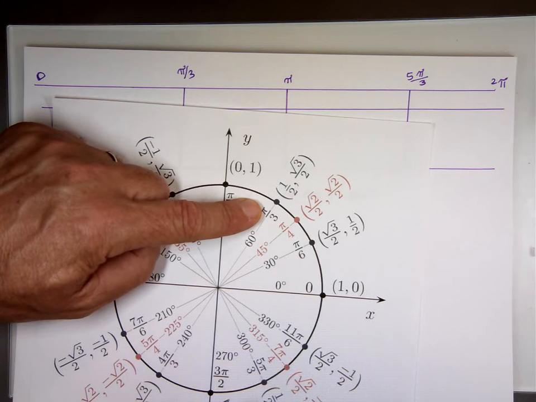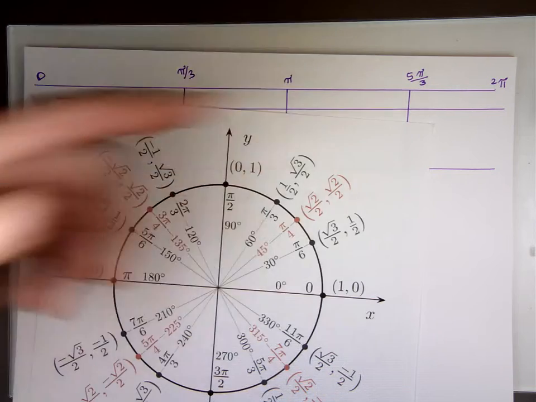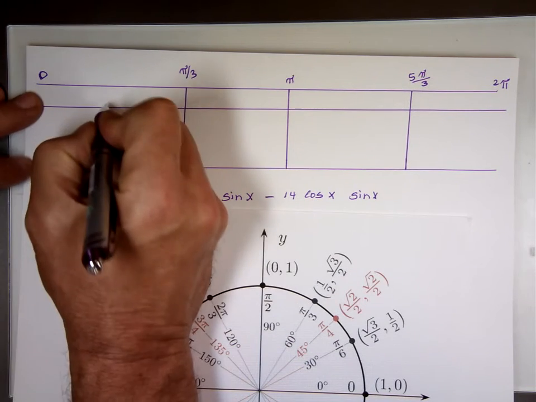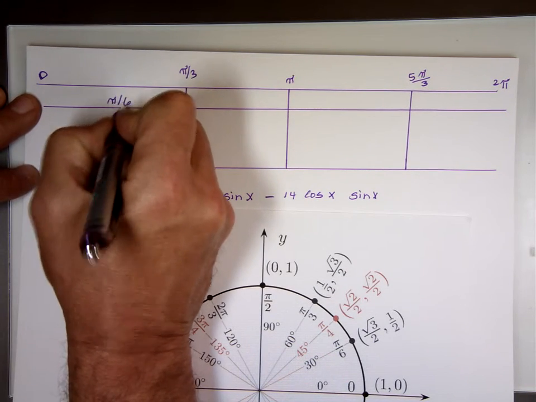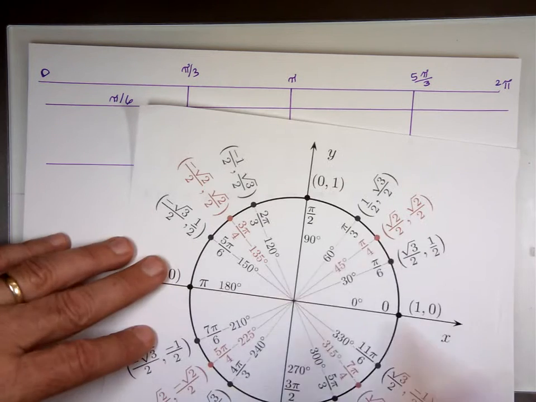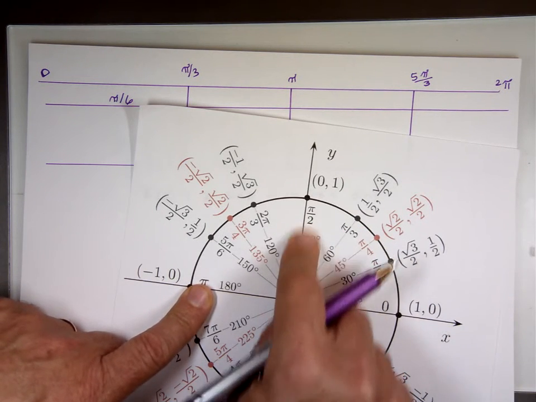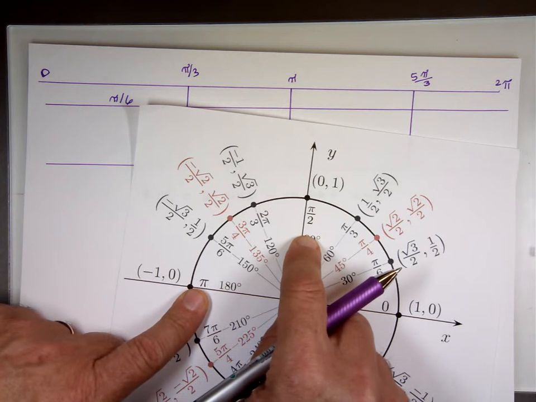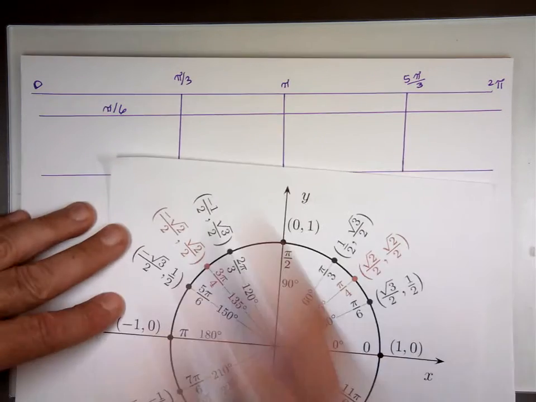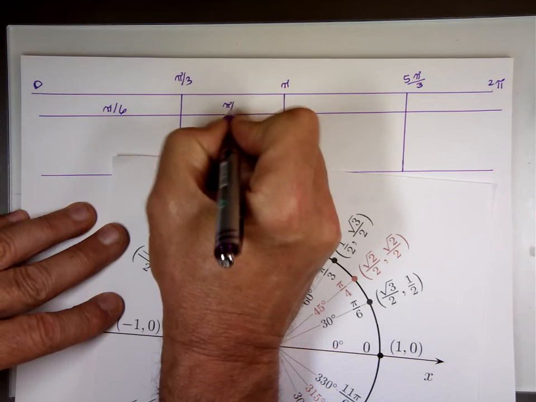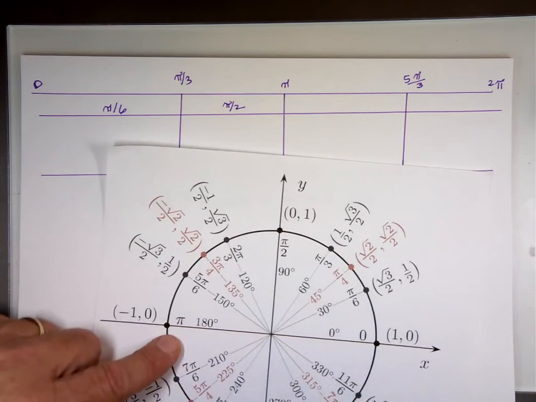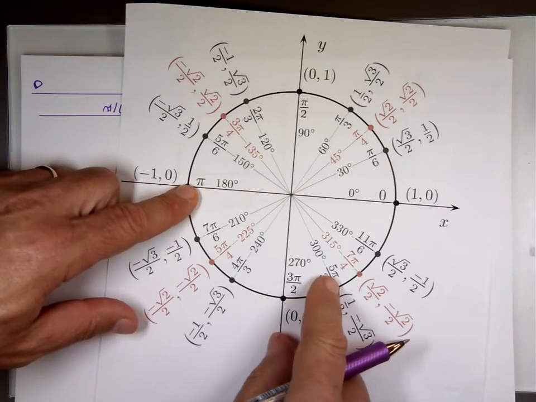So if I use pi over 6 for the test point here, between pi over 3 and pi, maybe I'll use pi over 2. See that? Between pi and 5 pi over 3, maybe I'll use 3 pi over 2.